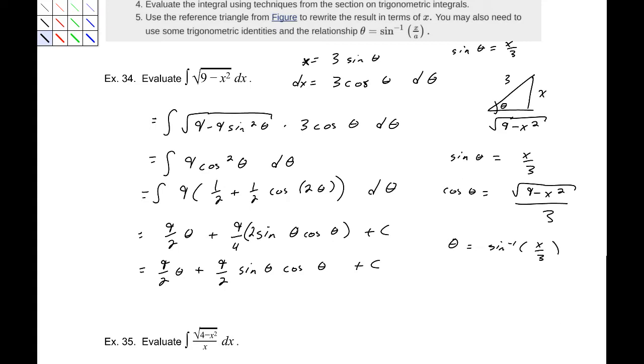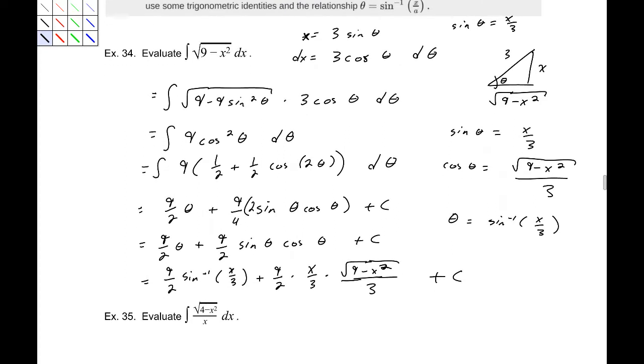Putting this back in terms of x, I have 9 over 2 arc sine of x over 3 plus 9 over 2 times x over 3 times the square root of 9 minus x squared, all over 3, plus c.